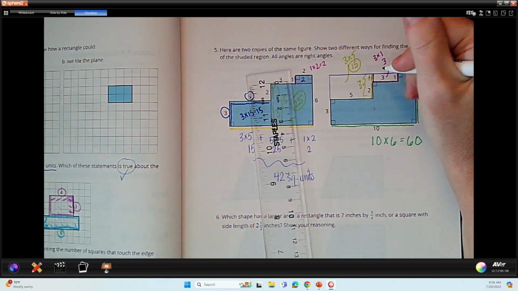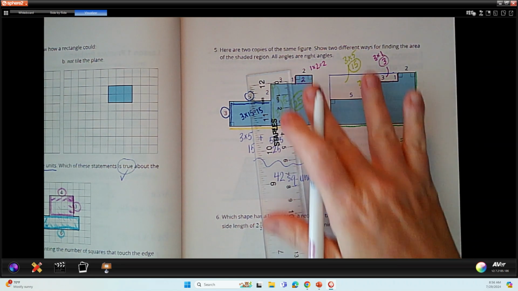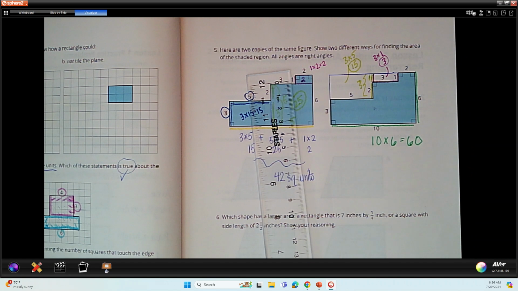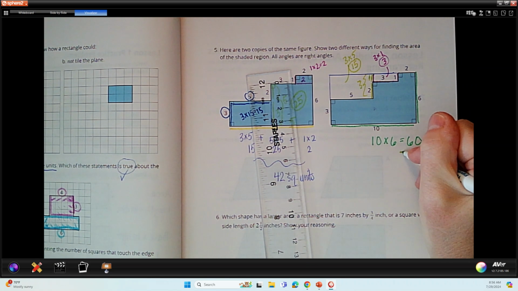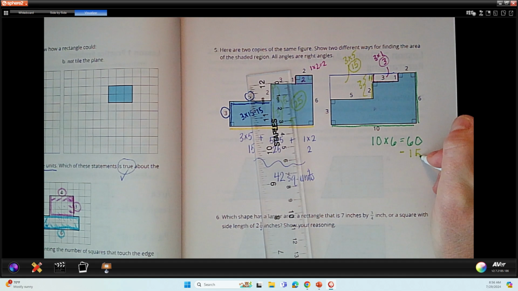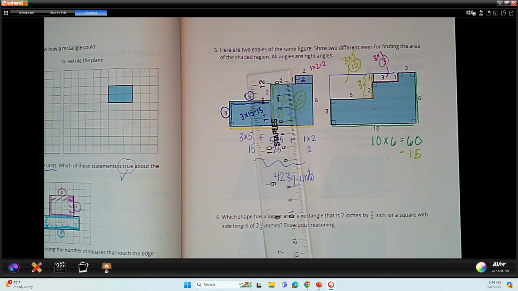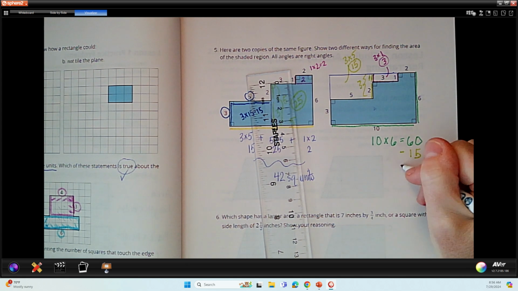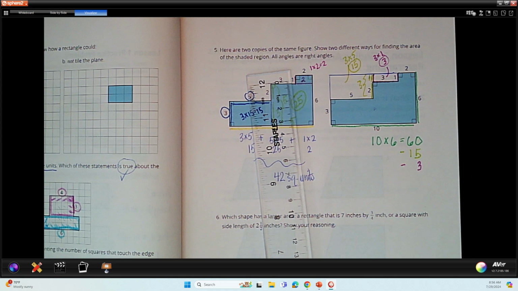So I know my answer is 60 for the whole space, 60 square units, but I've got to take away the 15 and 3. Now, if subtracting is a little harder for you, that is totally okay. Let's find the calculator.